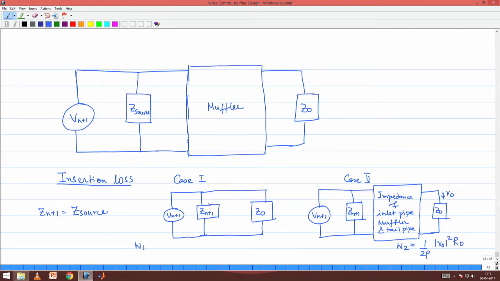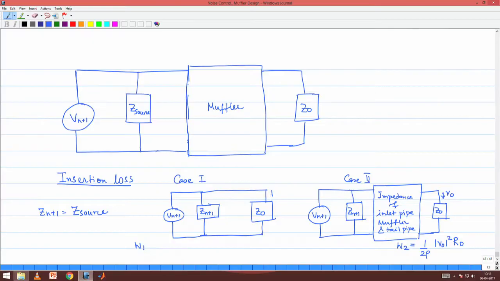R0 is the resistance associated with the radiation impedance value. The radiation impedance has reactance as well as resistance. We only care about the resistance, we do not care about the reactance while calculating the sound power, because it is the time averaged power that is radiated out.